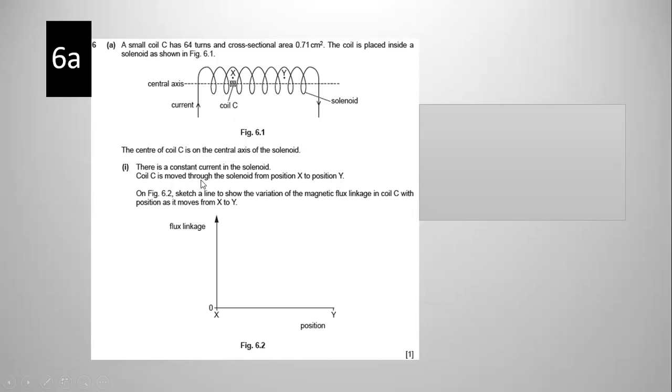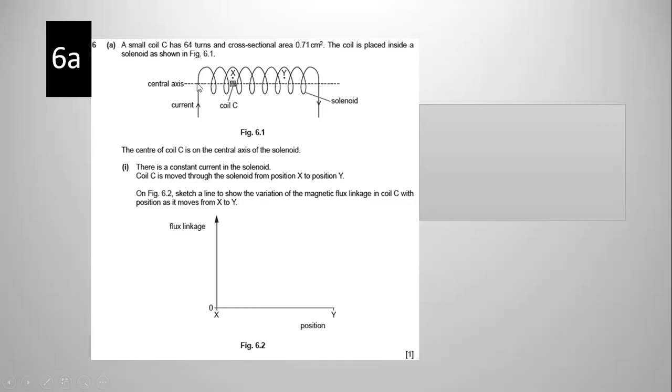Coil C is moved through the solenoid from position X to position Y. In figure 6.2, sketch a line to show the variation of magnetic flux linkage in coil C with position as it moves from X to Y. Right?